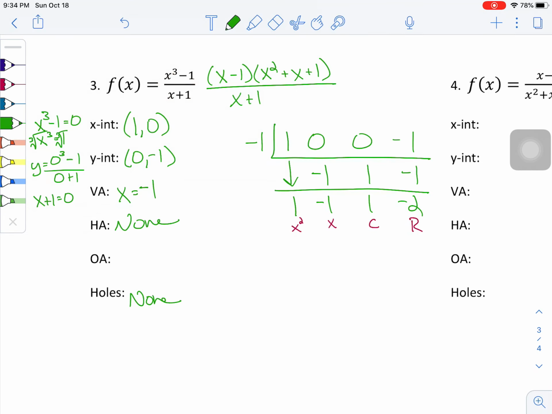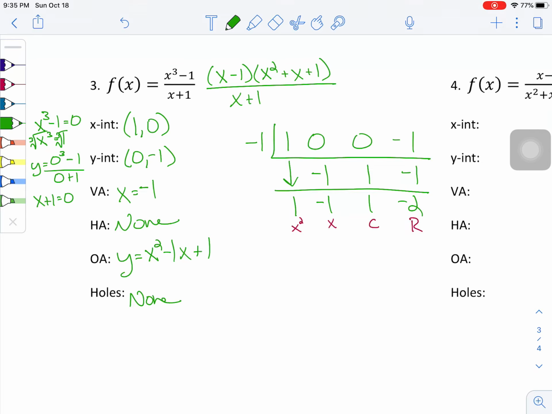All right, and what that then gives me is an oblique asymptote. Actually, it's not oblique, it's parabolic. So the other asymptote is x squared minus 1x plus 1, okay? And that remainder doesn't matter for us.